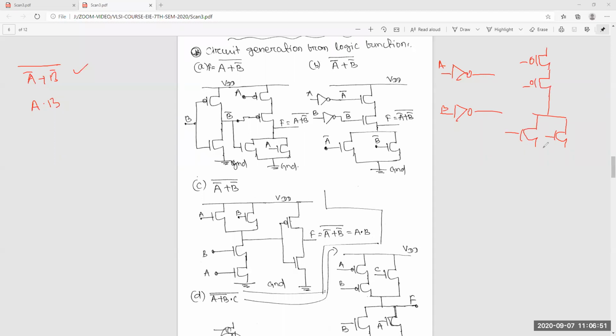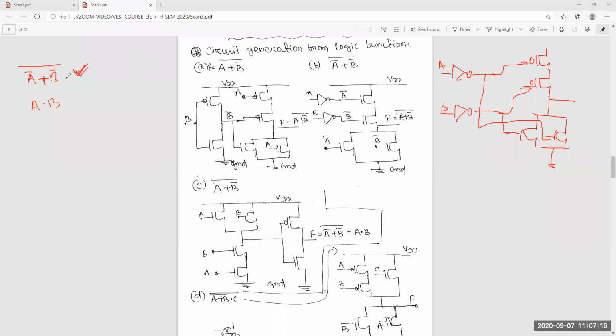It will be parallel as a dot B. The pull-up network will be in parallel. So this one. Okay, so this is the output.